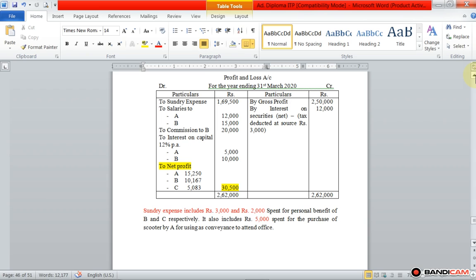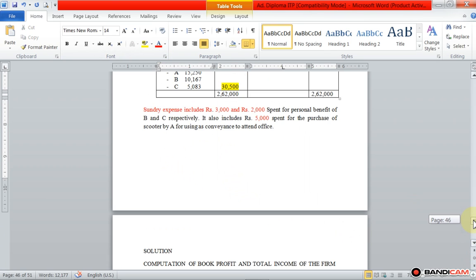Then net profit, commission, salary, but here an adjustment is given. Sundry expenses include rupees 3,000 and 2,000 spent for personal benefit of partners. So the personal expenditure is disallowed.